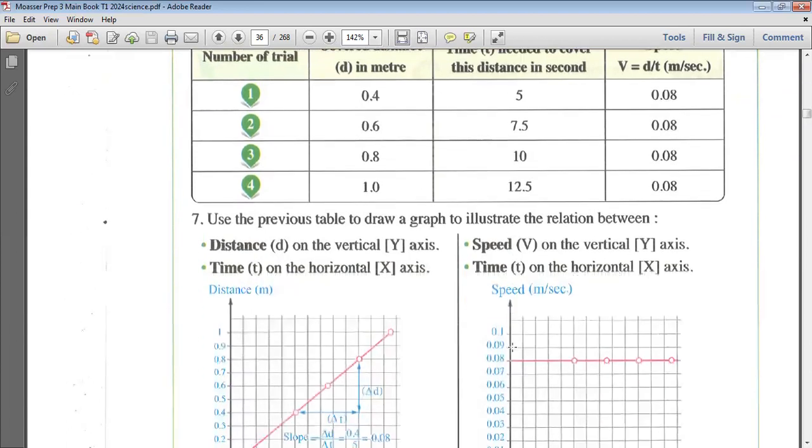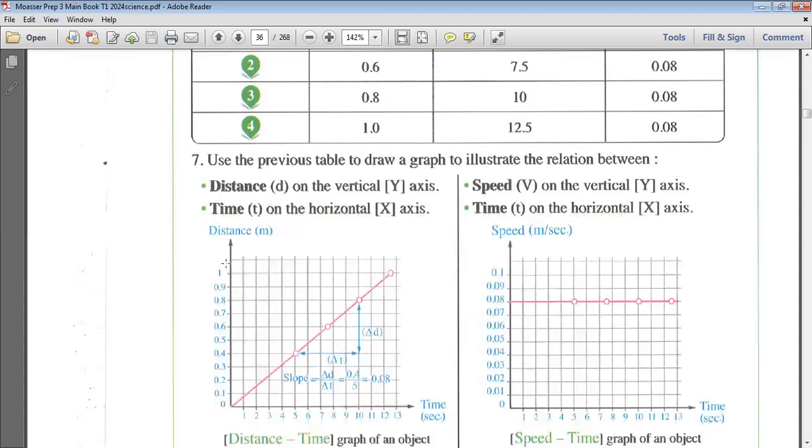We will draw a graph with distance on the y-axis and the time on the x-axis.